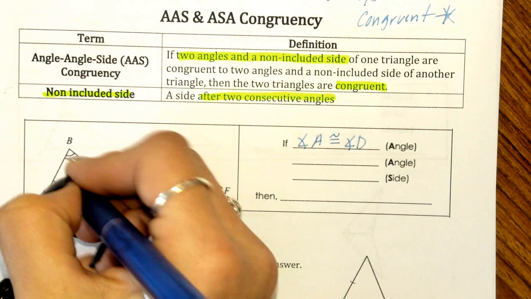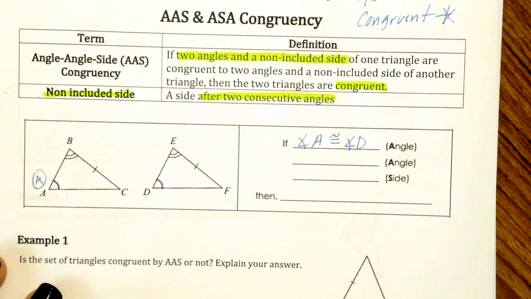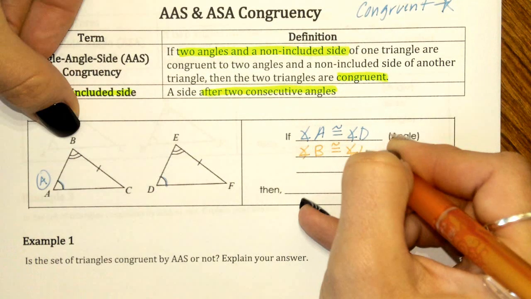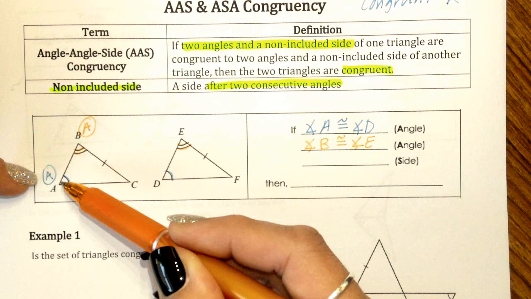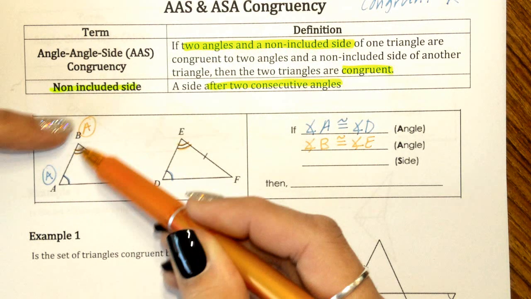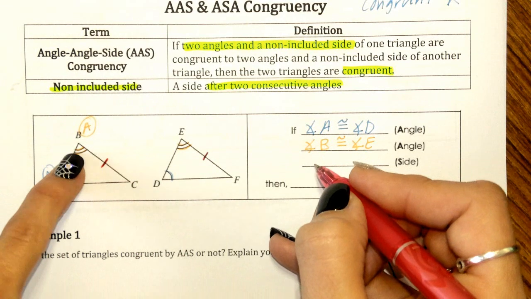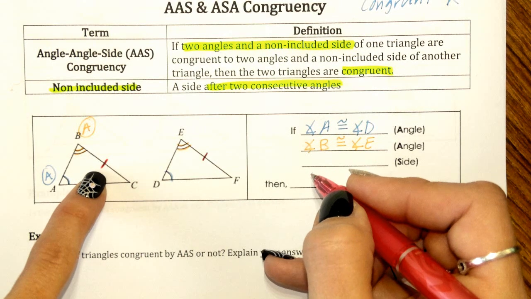We've got angle B congruent to angle E, followed by another angle, then the non-included side, the side that's not between them.